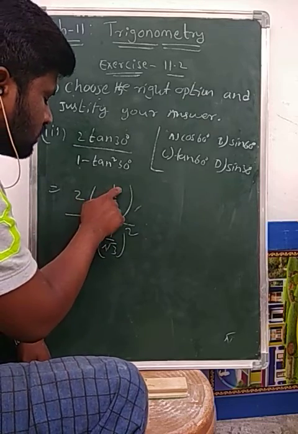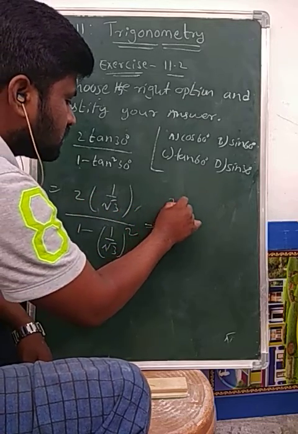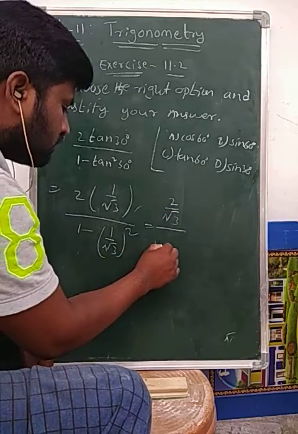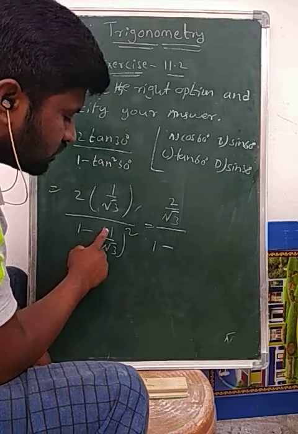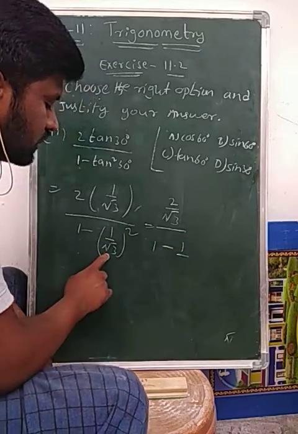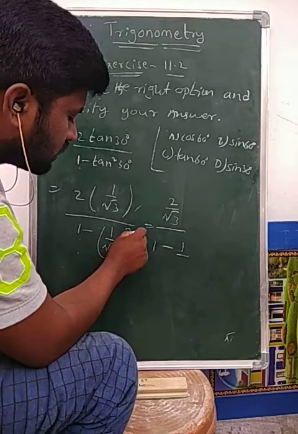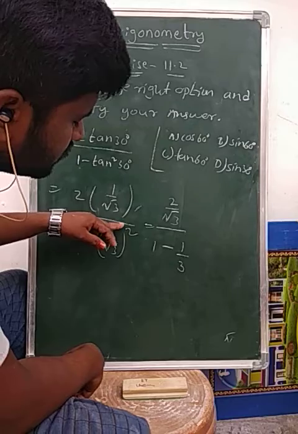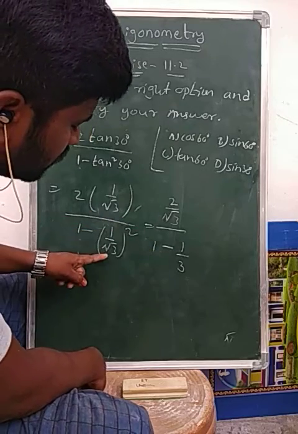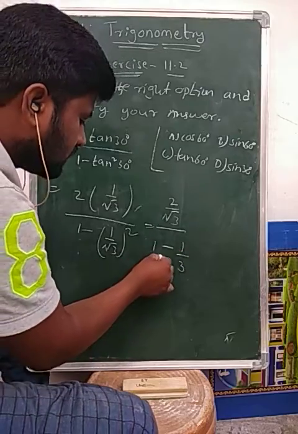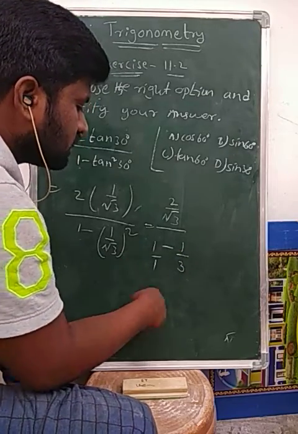Let us apply the square individually: 1 square is 1 only, and root 3 whole square is 3, since the square and root cancel. I am taking the denominator as 1.